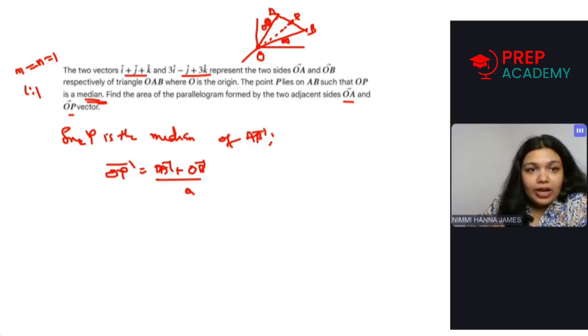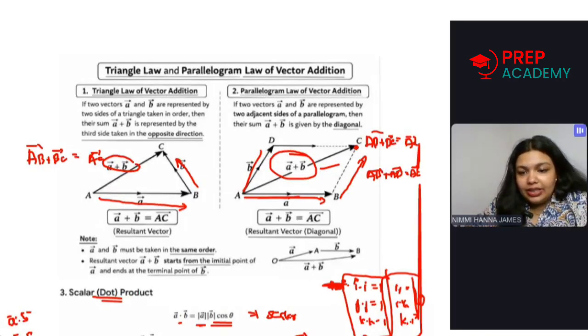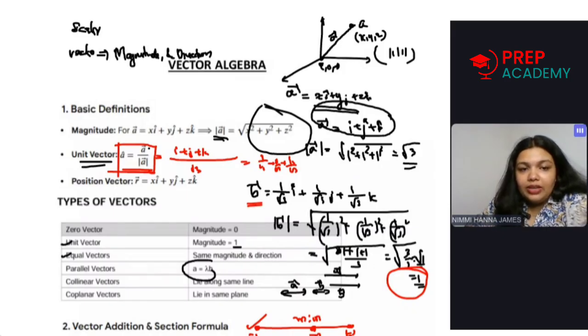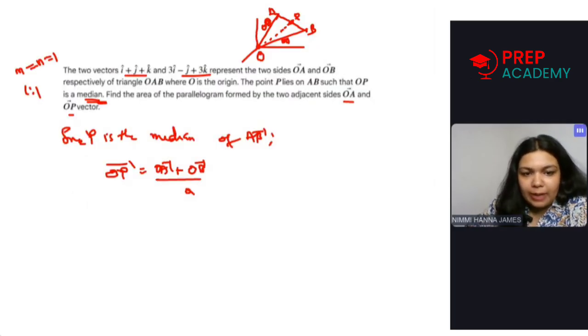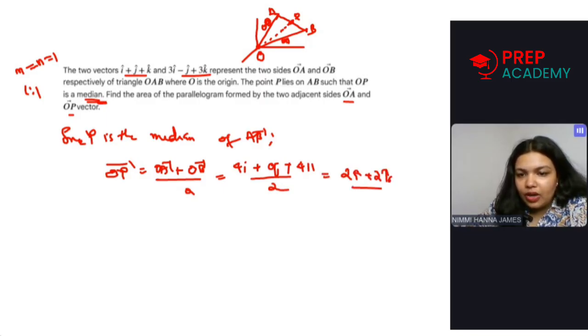Using the section formula, if m and n are equal to 1, then a plus b by 1 plus 1, 2. So a plus b by 2. That is what we are applying here. So OA plus OB, that is 3 plus 1, 4i, plus 1 plus minus 1, that is 0j, plus k plus 3k, that is 4k, by 2, that is equal to 2i plus 2k. So 2i plus 2k is the OP vector.